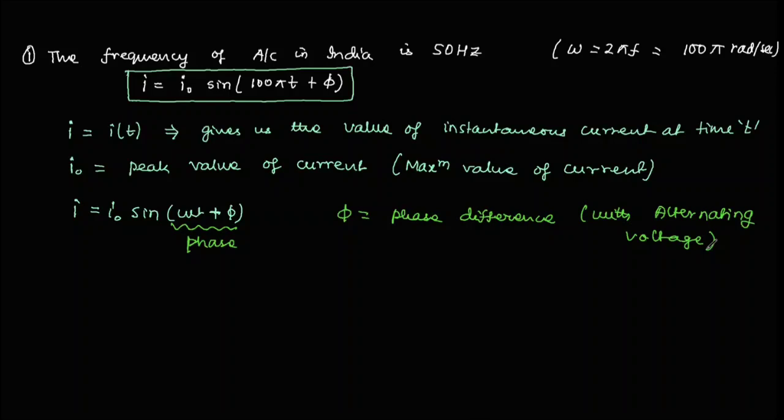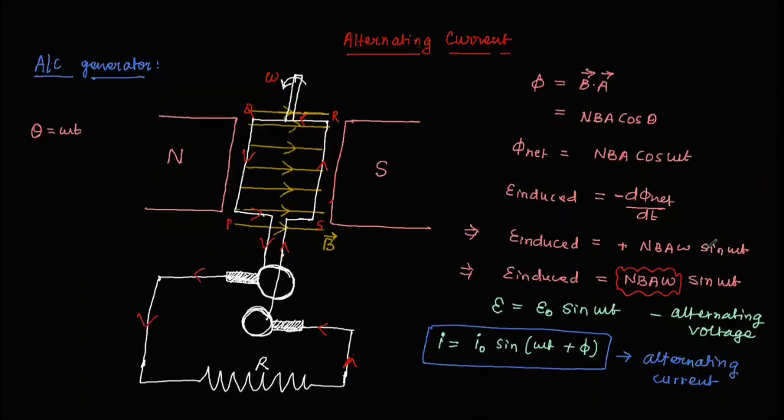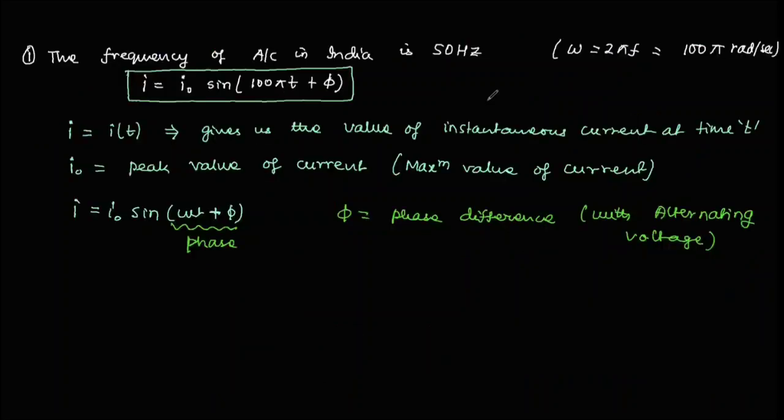So if we come back to this previous page, over here we have first of all discussed the creation or generation of AC current, and followed by this we have come to this part where we have discussed the equation of AC, and the important point that is established is that the alternating frequency in India is 50 Hertz.